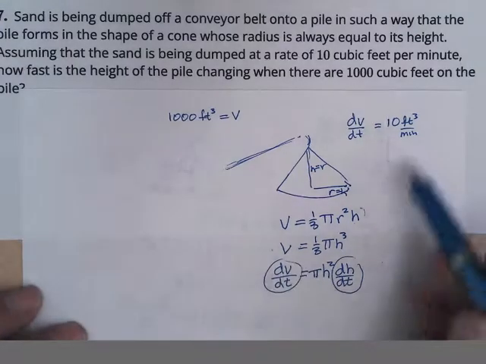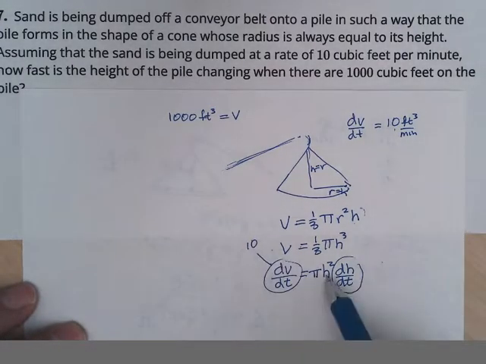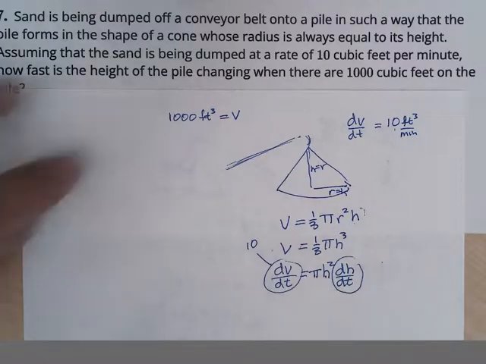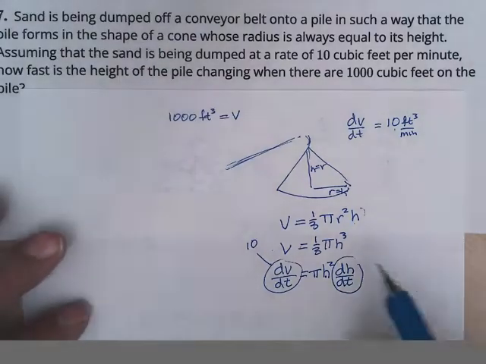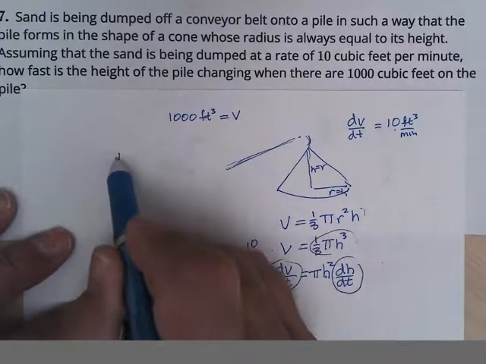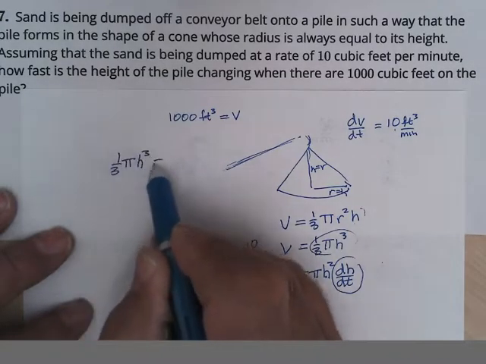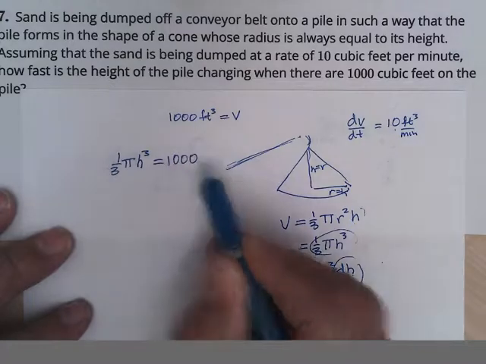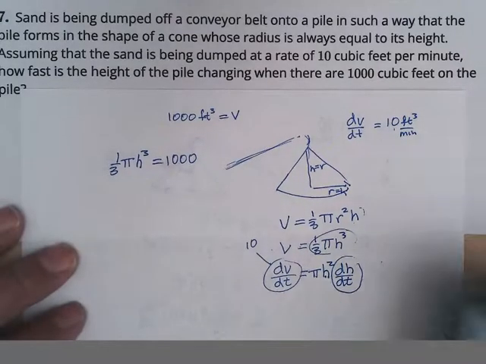The volume is changing by 10, but we need to know h at a particular time, and they want to know when the volume is 1,000. So we write 1/3 pi h cubed equals 1,000 and solve for h at this particular time.